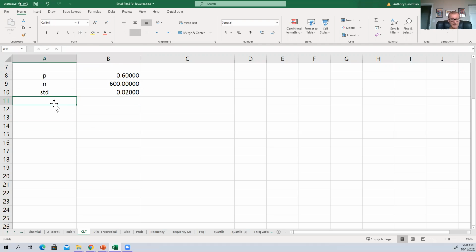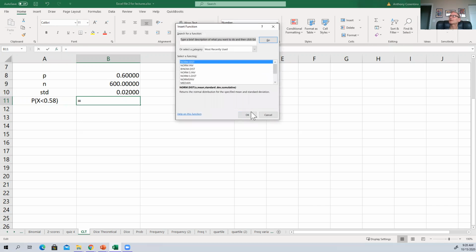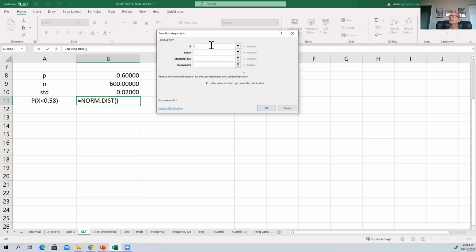So here you want to find the probability of our x value, which is our mean, being less than 0.58. So when you plop that in there, come up with norm.dist. And so here it's 0.58. The mean is 0.6. Standard deviation is 0.02. And then it is true.